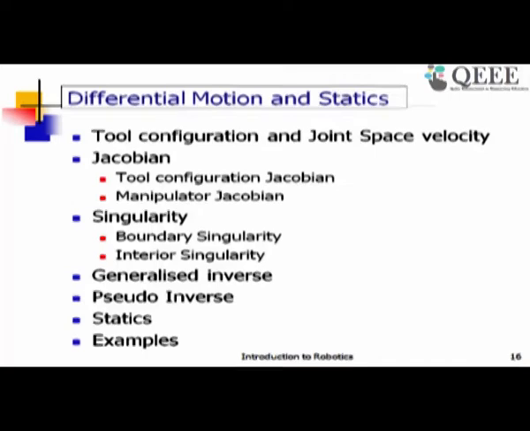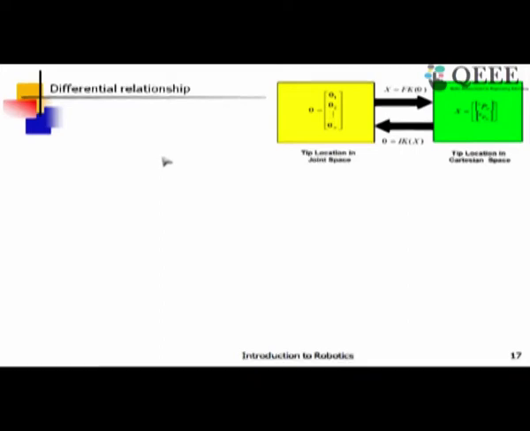So if I want to move this with a particular velocity x dot, y dot, z dot, I want to know what should be the joint angle velocities to be commanded, because the Cartesian velocity x dot, y dot, z dot will always depend on the joint angle velocity. So I am interested in finding a relationship between the joint angle velocity and the Cartesian space velocity. What I have been talking about is the differential relationship.